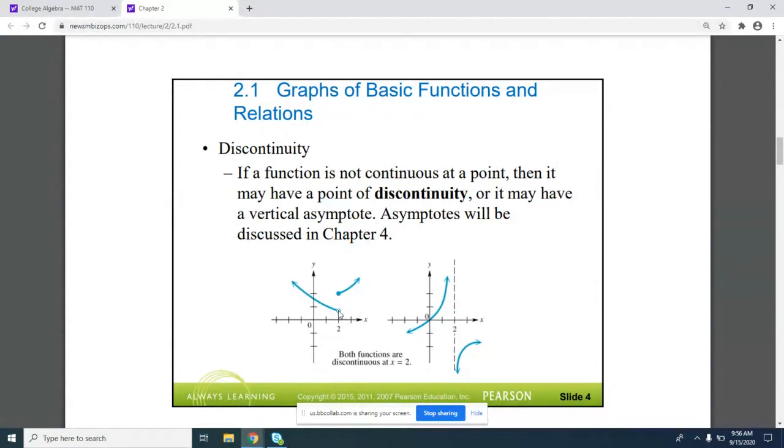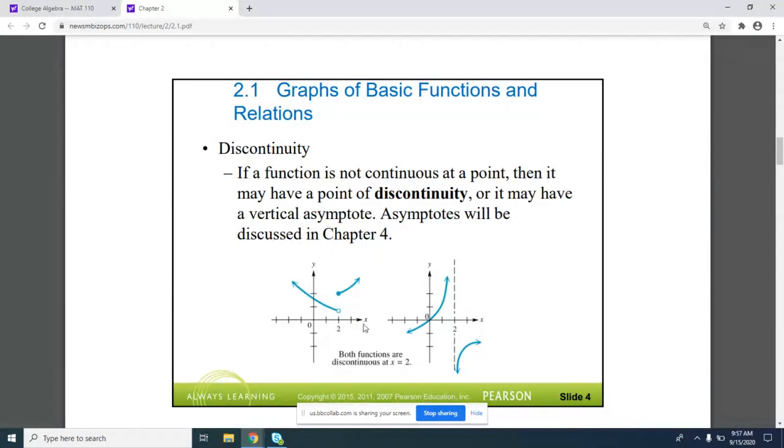And then we get to a point, and in order to trace the graph, we have to take our pencil off the paper, put it back on the paper, and then we can continue to trace the graph. For this first graph, when x is equal to 2, that's a point of discontinuity, because at x equal to 2, we take our pencil off the paper and put it back on to continue tracing the graph. The second example is also an example of discontinuity.